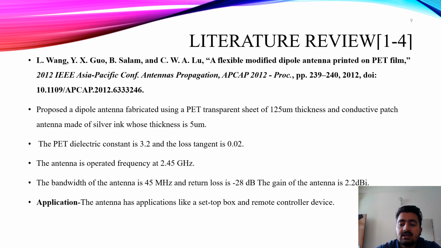The PET material has a dielectric constant of 3.2 and a loss tangent of 0.02. The antenna operates at 2.45 gigahertz frequency. The bandwidth of this antenna is 45 megahertz, and the return loss is minus 28 dB. The gain of this antenna is 2.2 dBi. The application of this proposed antenna is set-top box applications and remote controller devices.